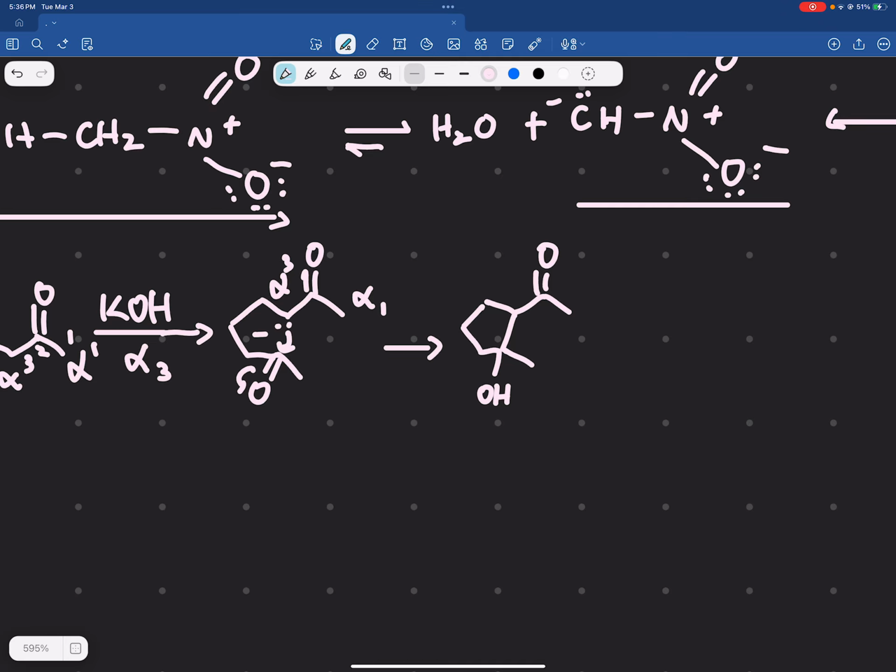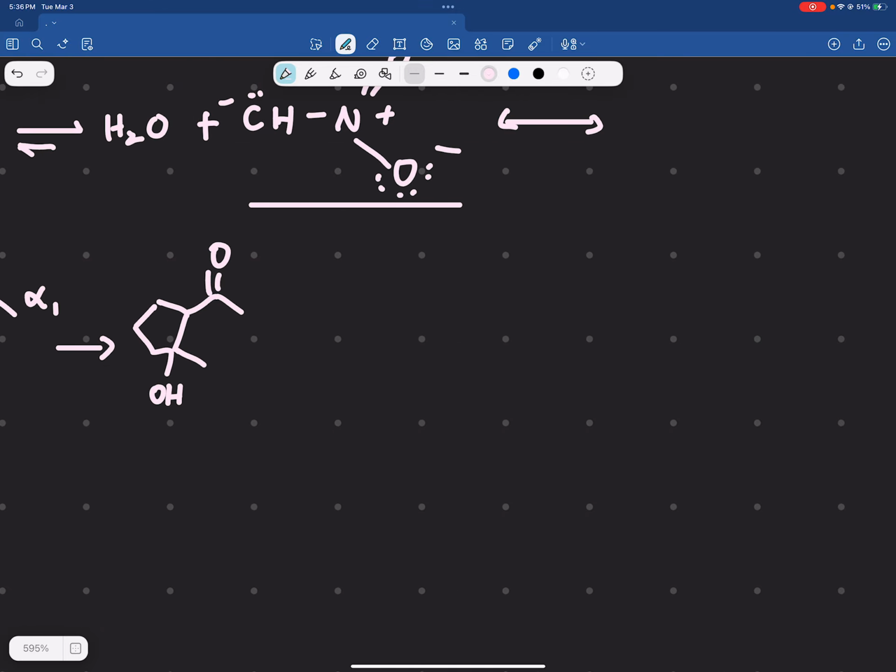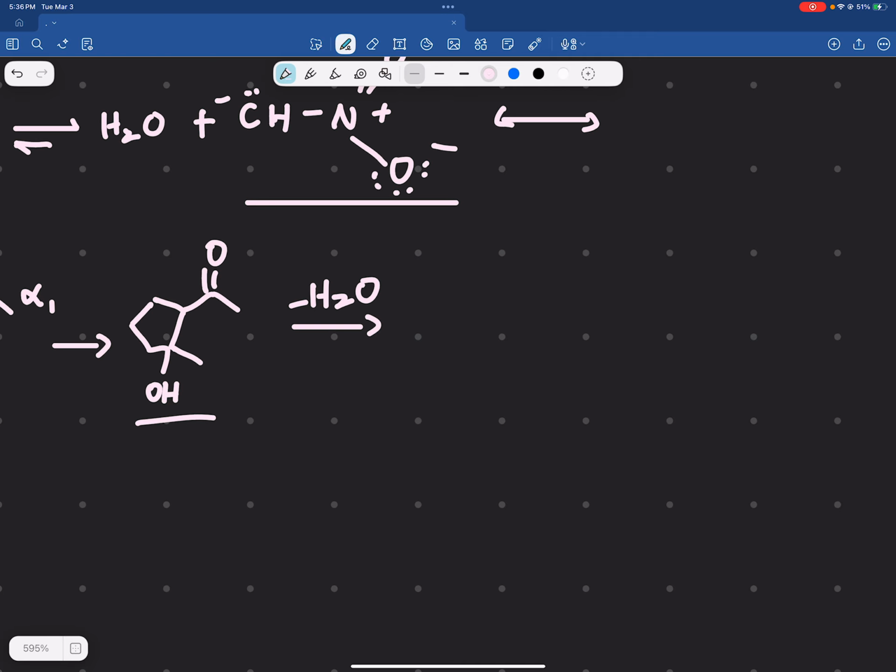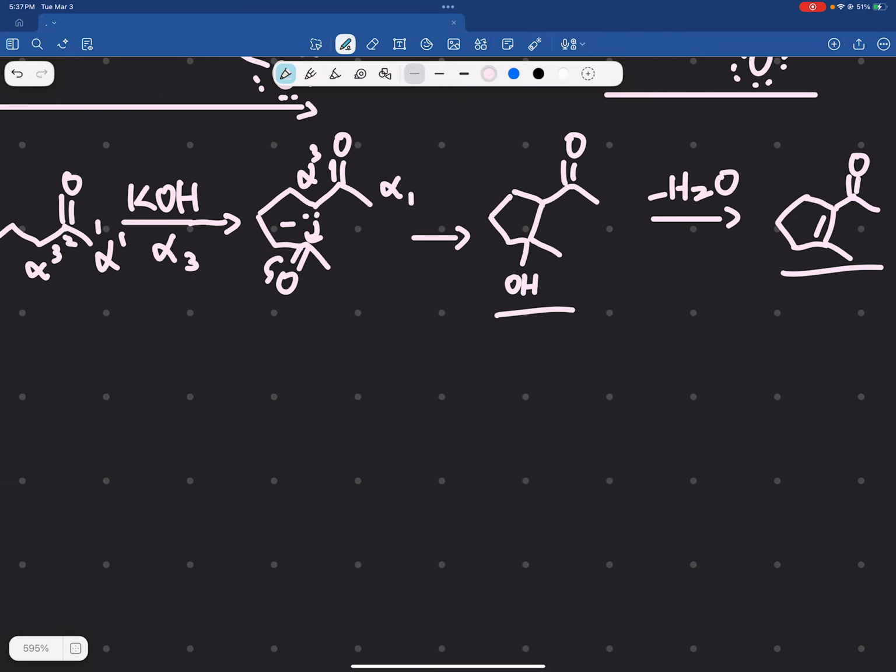This is the aldol product, but remember that aldol product will dehydrate into the final form, which is going to look like this. So when you think about aldol product, you always want to think about a dehydration.